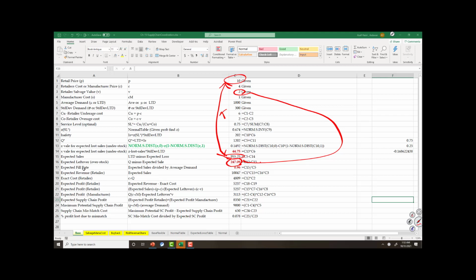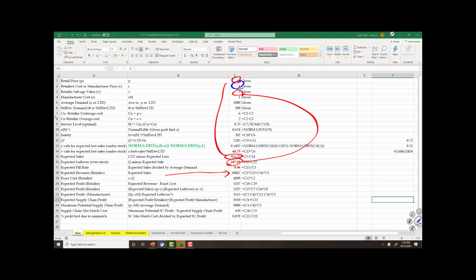The cost is indeed exact, not expected, because the retailer has bought this many units and has paid this much per unit. Therefore, to compute expected revenue, we multiply the expected sales by this one and expected leftover by this one. Our cost, we have paid $4 per unit, and we have bought this many units. If we subtract these two from each other, that is the expected profit for the retailer.